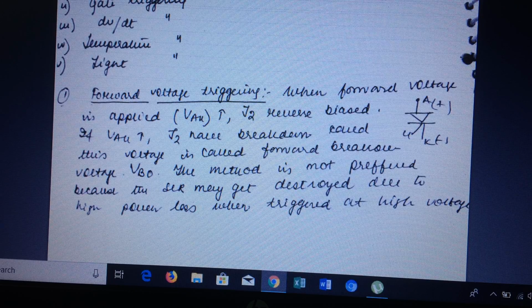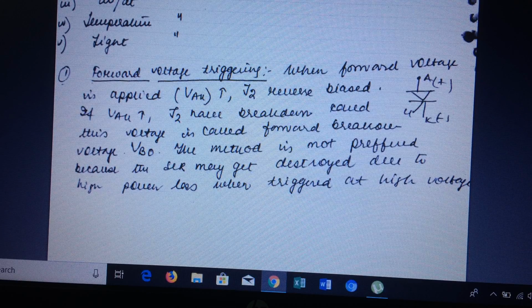Now this method is not preferred all the time because the SCR may get destroyed due to high power loss when it is triggered at a high voltage. The anode cathode voltage becomes very high, and that voltage helps in turning on the thyristor. But due to this, a very high power loss occurs in the circuit because of the high voltage.